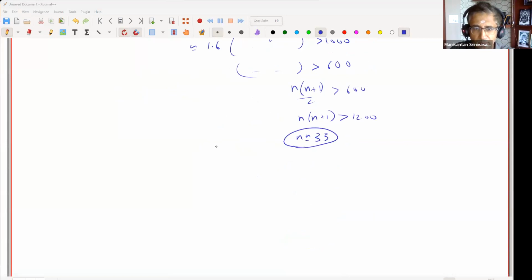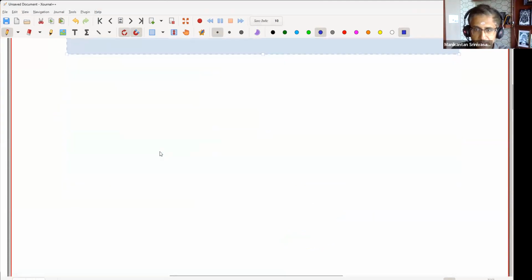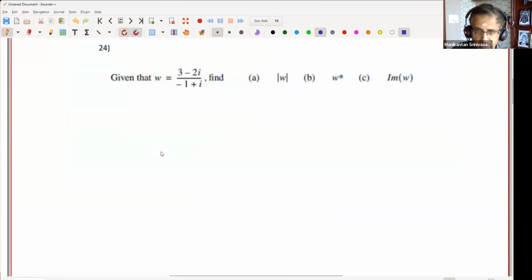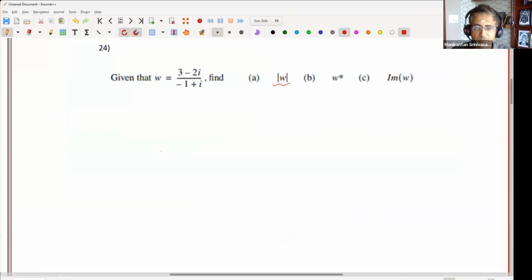Question 24. Complex numbers. Okay, this is at least a new topic. So far, all the topics you have seen are things that you have done already. So complex numbers are probably new, right? Given W is as shown, what is the modulus of W?